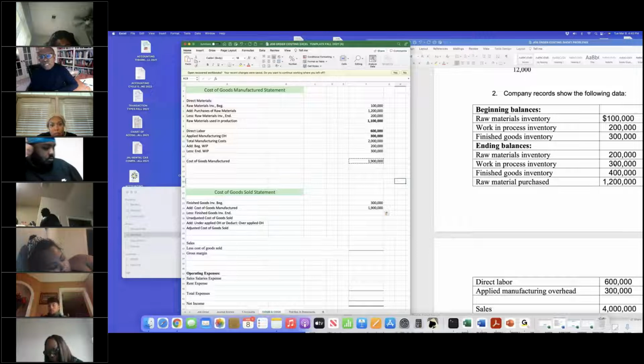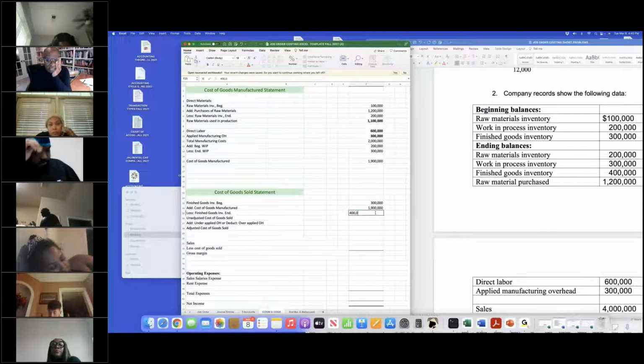So the finished goods ending inventory was what? 400,000. So our unadjusted cost of goods sold is what? 1,800,000. So these new statements are not that difficult.